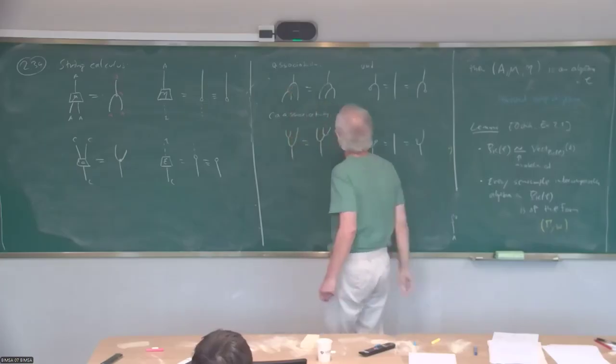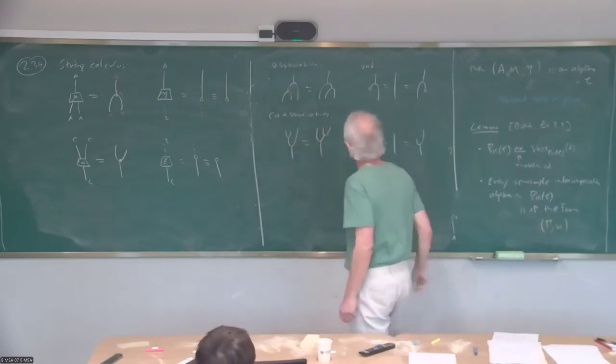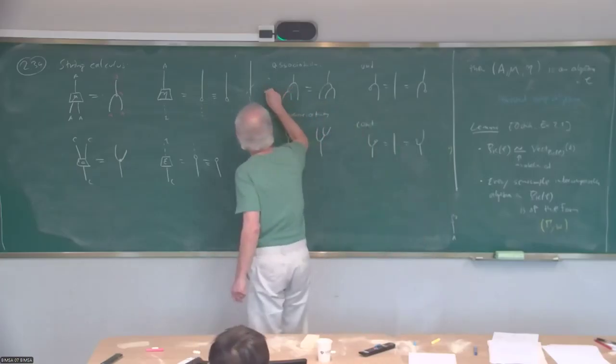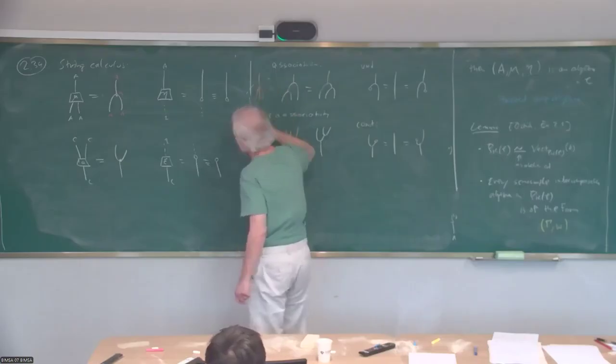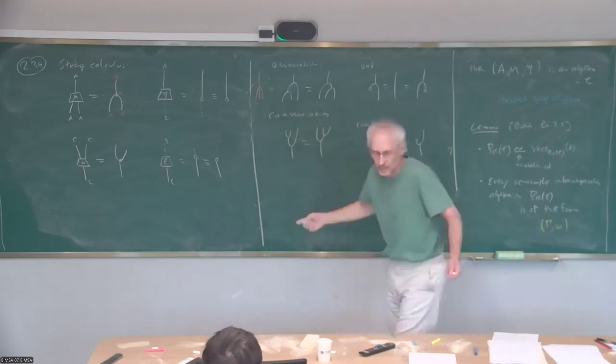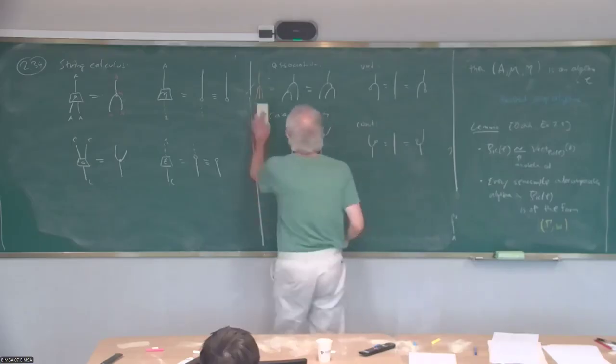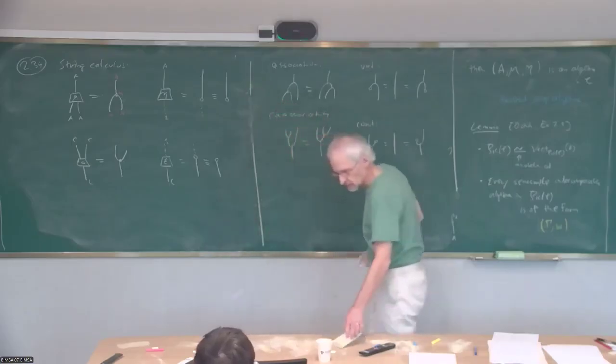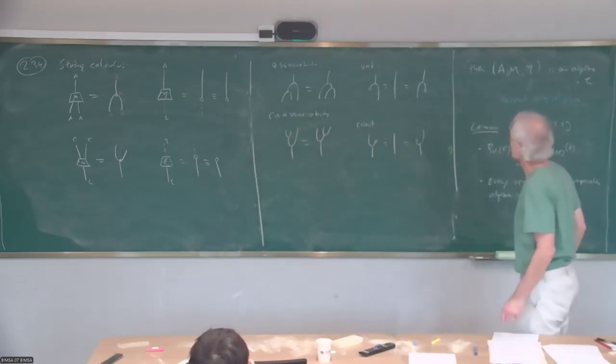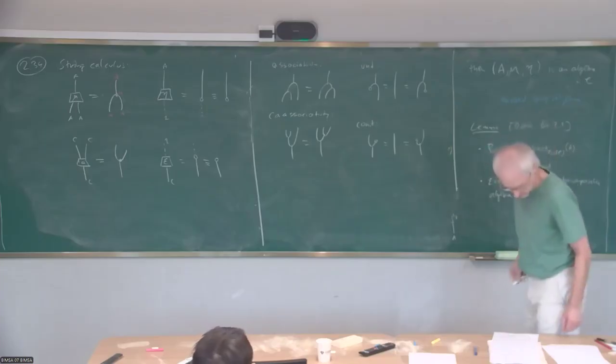And also we could say, democratically, we could also define this as something like that, because they are the same morphism. Even though this is sensible, I will not use it.